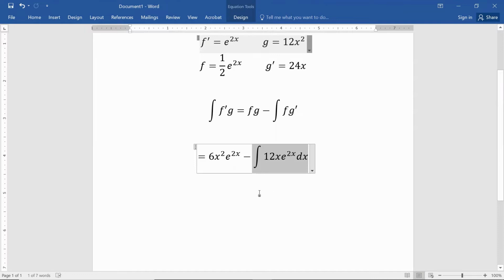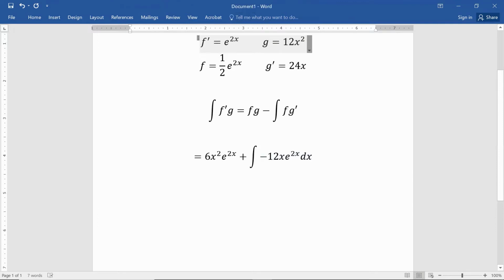Before I do that, I'm going to set it up just a little bit differently. I'm going to take the negative sign and place it on the inside. I think that's a little bit easier because when I do my second integration by parts, I want to be able to deal with a plus sign here. It's not a big deal if you don't do it this way, but there you go.